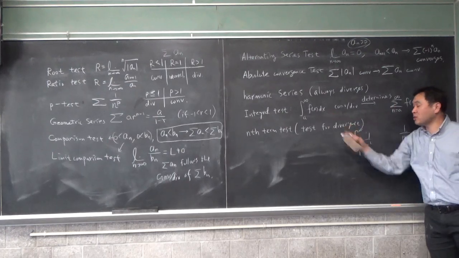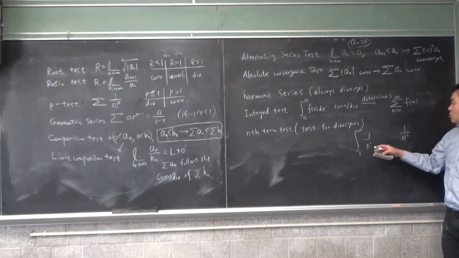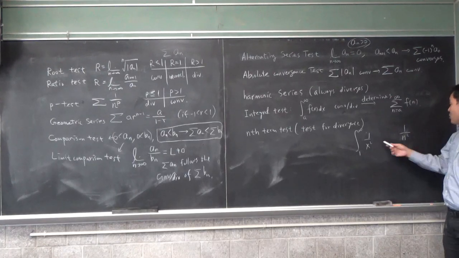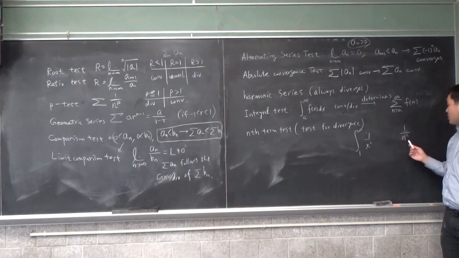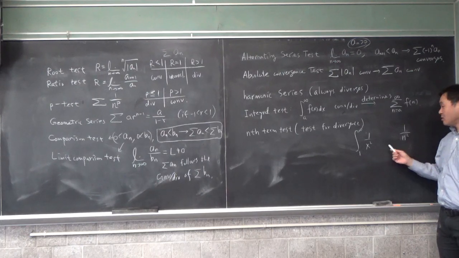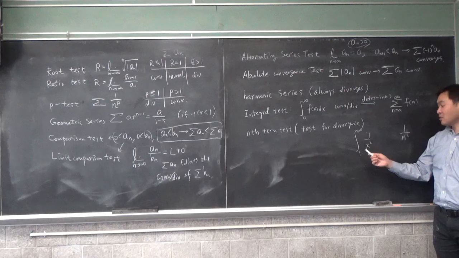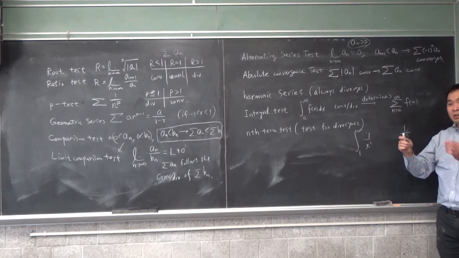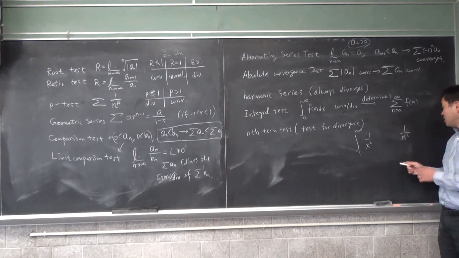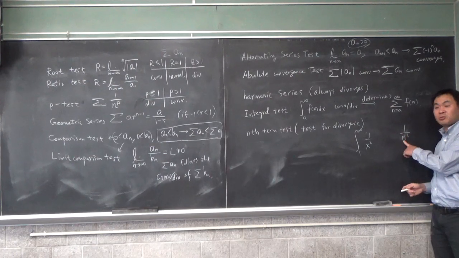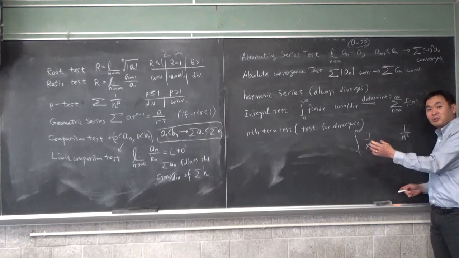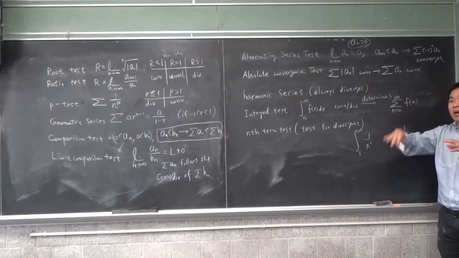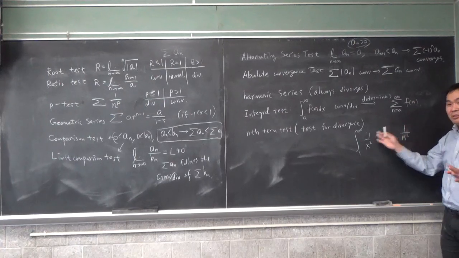However, there's a condition here, which is that you don't want this to be fluctuating wildly, because what we're doing is sampling at integer points, but the integral takes into consideration all the values from 1 through 2. There are infinitely many values from 1 through 2, right? Here, you only talk about 1, 2, 3, 4. But here, you're considering all the values in between. So if the values in between are wildly behaving, we can't use that comparison.